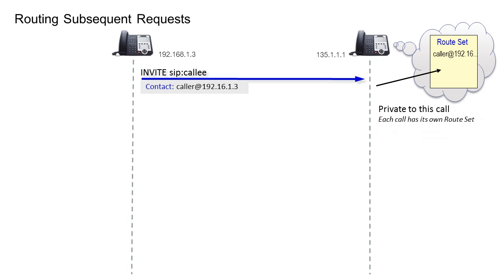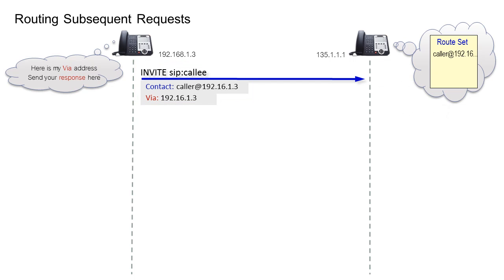Note that each call has its own unique route set for storing this caller's contact address. Before sending the initial request, the upstream user agent client also adds his address as a via header, telling the downstream device where he should send back his responses.